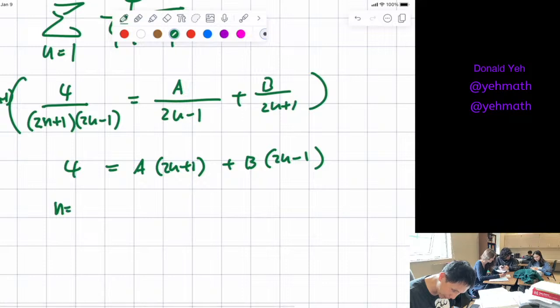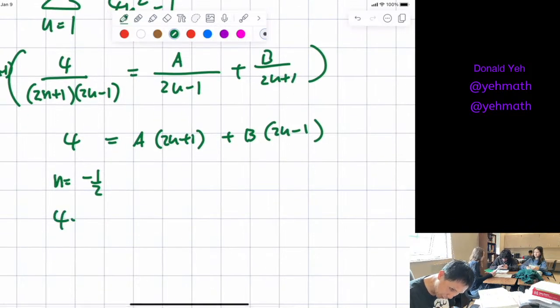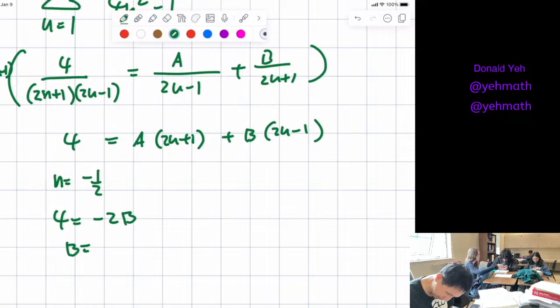n can first equal negative 1/2. If n is negative 1/2, you are left with what? 4 equal to negative 2b. B is equal to what? Negative 2.